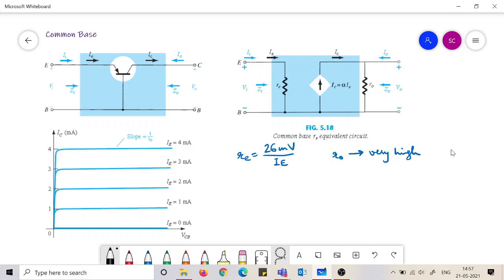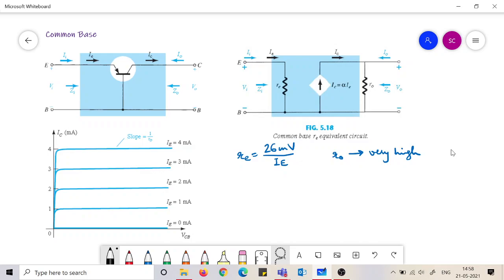Now there is this resistance RE in the emitter side, but the input is also from the emitter side. So the resistance is not getting reflected by any amount, it is simply RE. So we are simply writing down RE here.